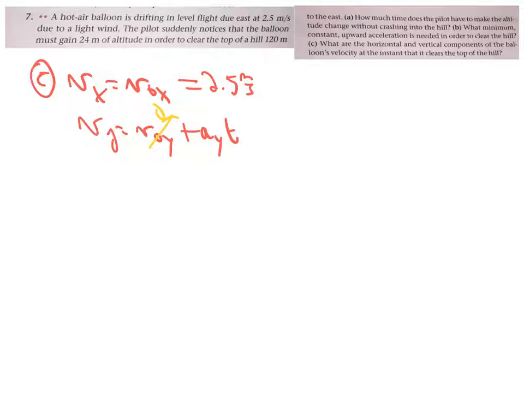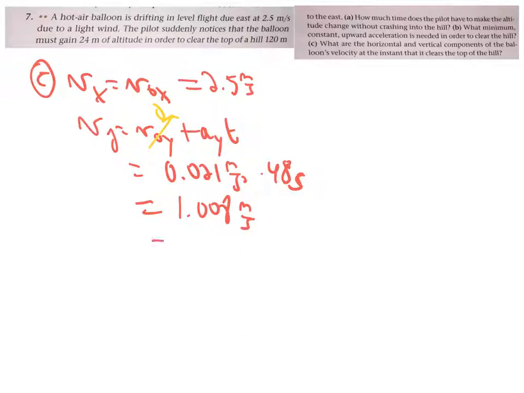So we're left with just 0.021 meters per second squared times 48 seconds, which is 1.008 meters per second, which is to 2 digits 1.0 meters per second.